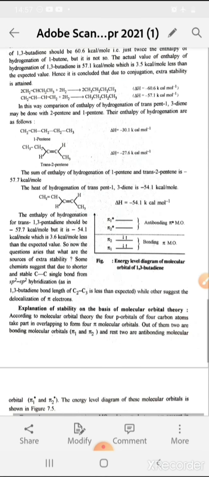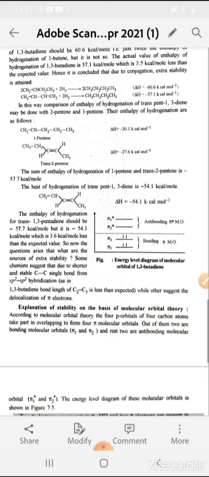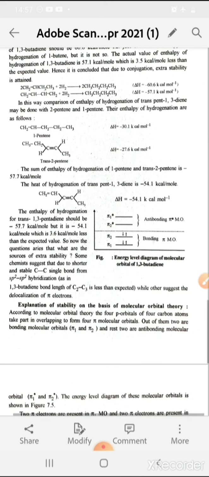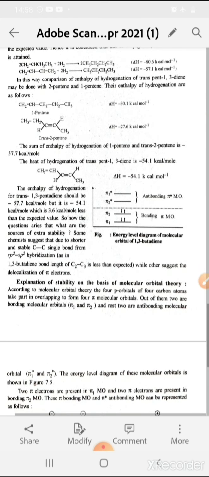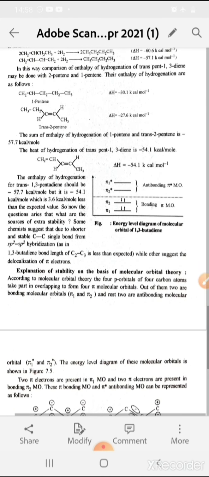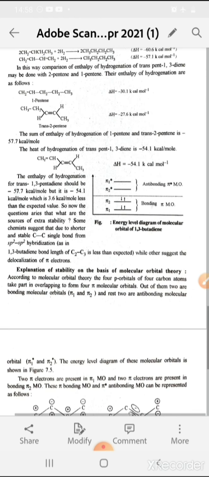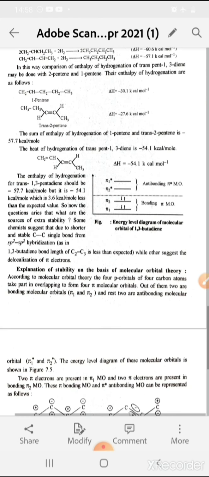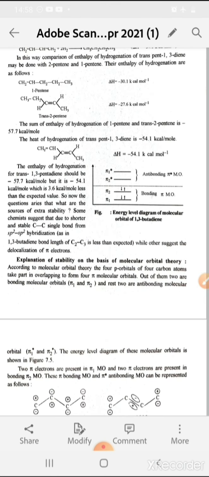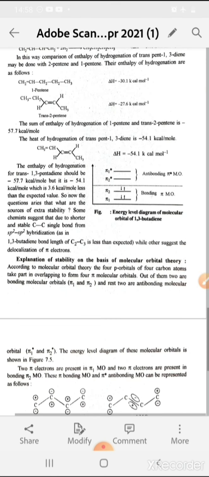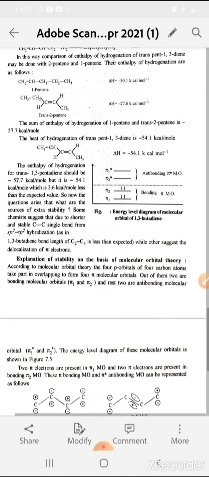The sum of these is 57.7 kilocalorie per mole. So the enthalpy of hydrogenation for trans-1,3-pentadiene should be minus 57.7 kilocalorie per mole, but it is minus 54.1 kilocalorie per mole. So we can say it is 3.6 kilocalorie per mole less than the expected value.